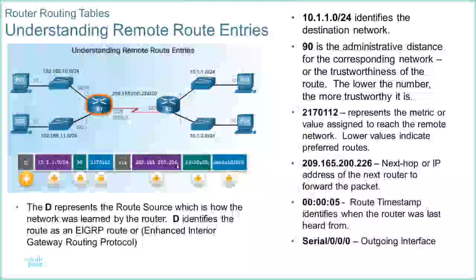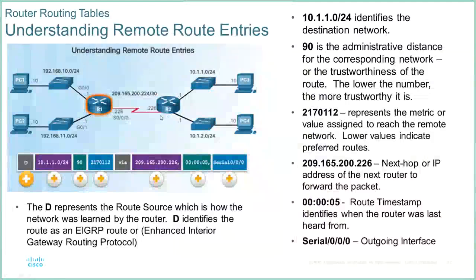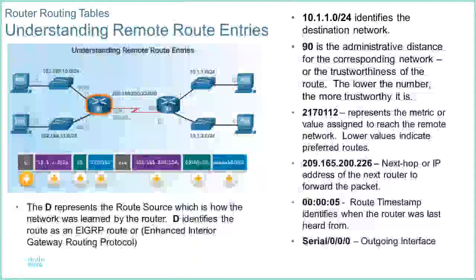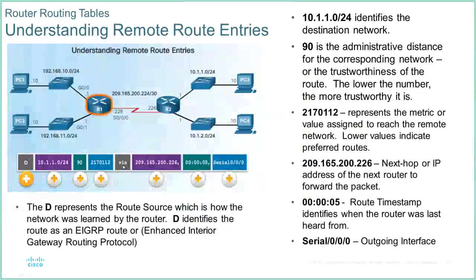So this is the next hop address, which is the address of the next device in the chain to get to that destination. Then the timestamp, so basically how long it's been since it learned an update from that device, and the outgoing interface to be able to get to that device.